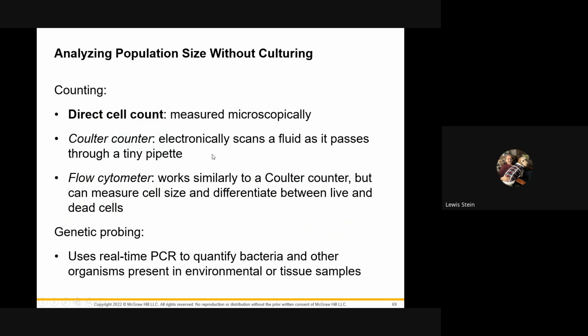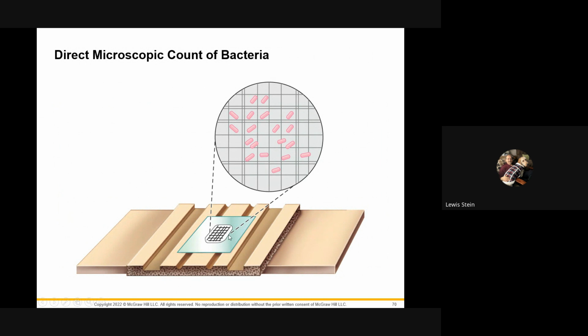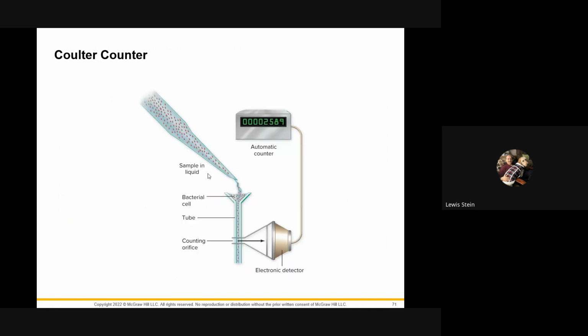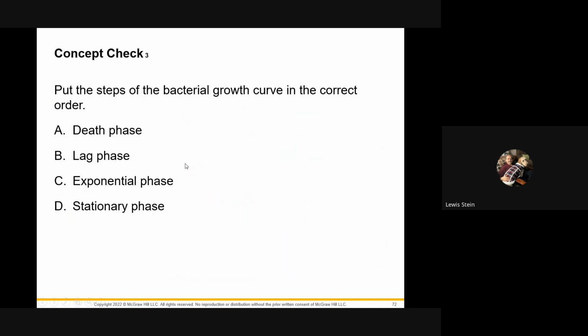They used to do blood tests that way. When they did a red cell count or a white cell count, you just did it visually. We didn't have the sophistication and technology. Nowadays, we use Coulter counters. You put a fine stream of the material in, and it is measured either by light or electrical deflection. They also use genetic probes. Here's the Coulter counter illustration.